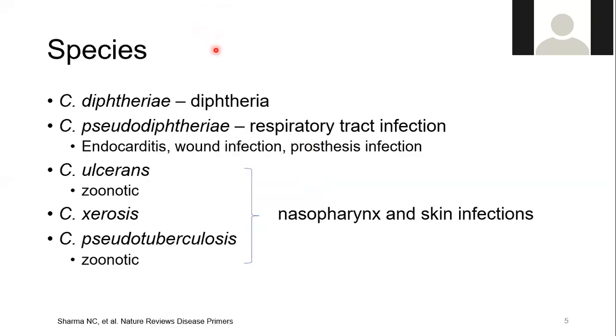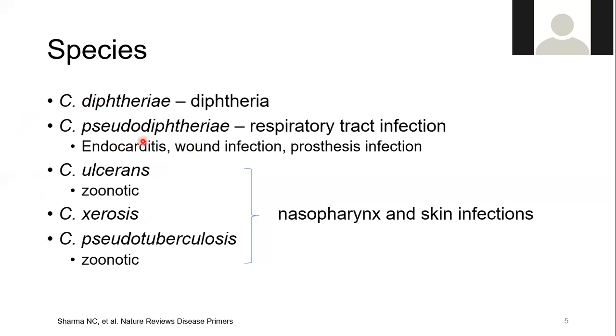Of the different species, the main one we'll focus on is Corynebacterium diphtheriae, which causes diphtheria. But there are other species, some of them, with changes in epidemiology or interaction with the zoonotic environment, getting transmitted to humans.